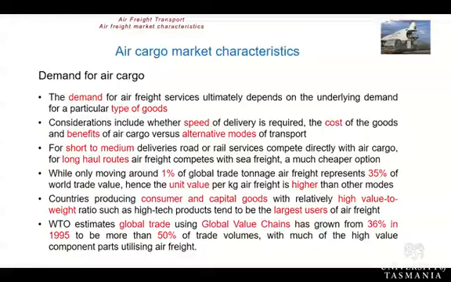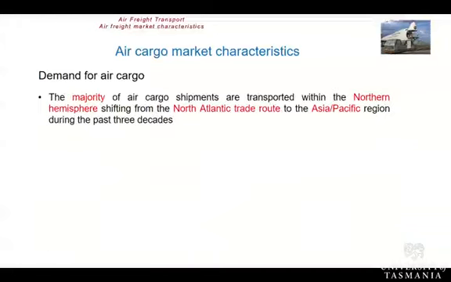And many of those components which move around there, which are of high value, use air cargo in their form of transport. Last week we noted that the majority of air cargo shipments are through the Northern Hemisphere, and this has shifted over time from North America to Europe.